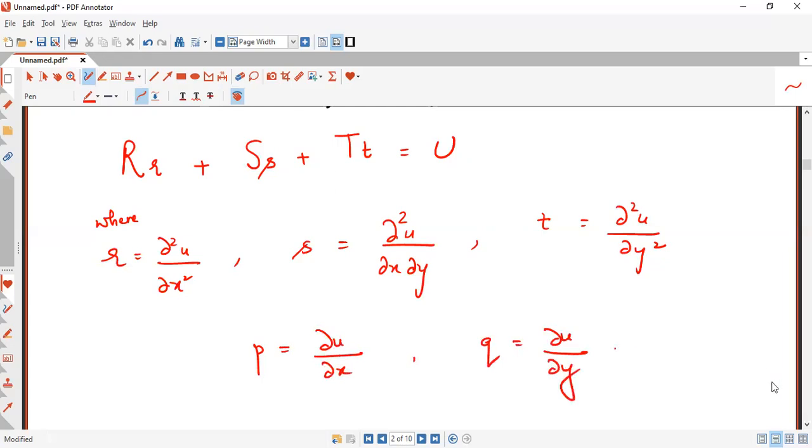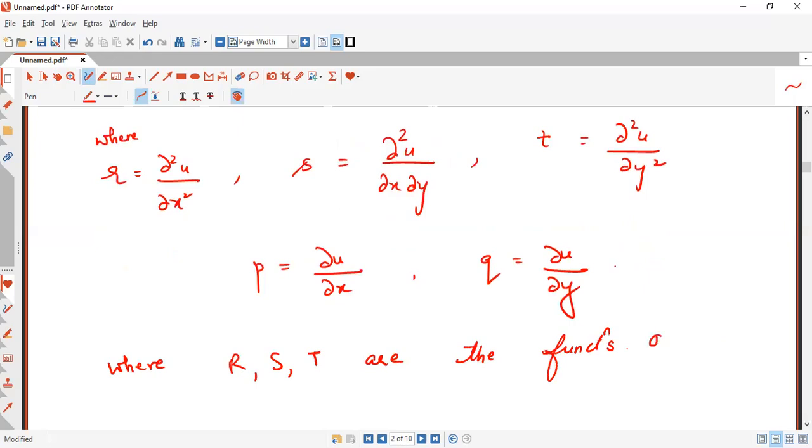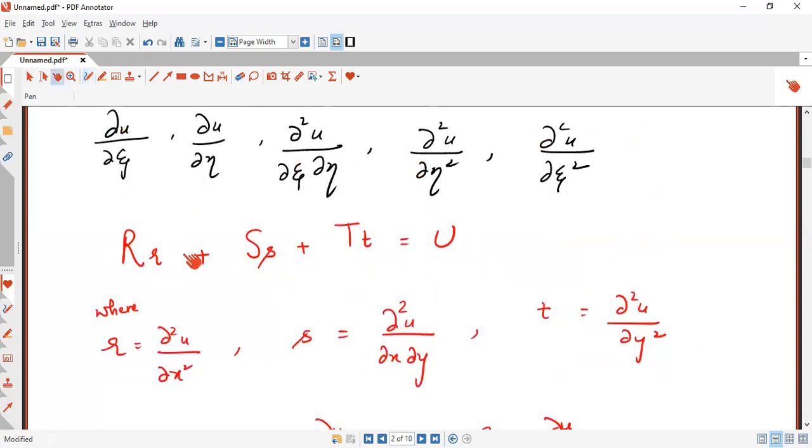Like this. Okay. Here, R, S, and T are the functions of x and y.